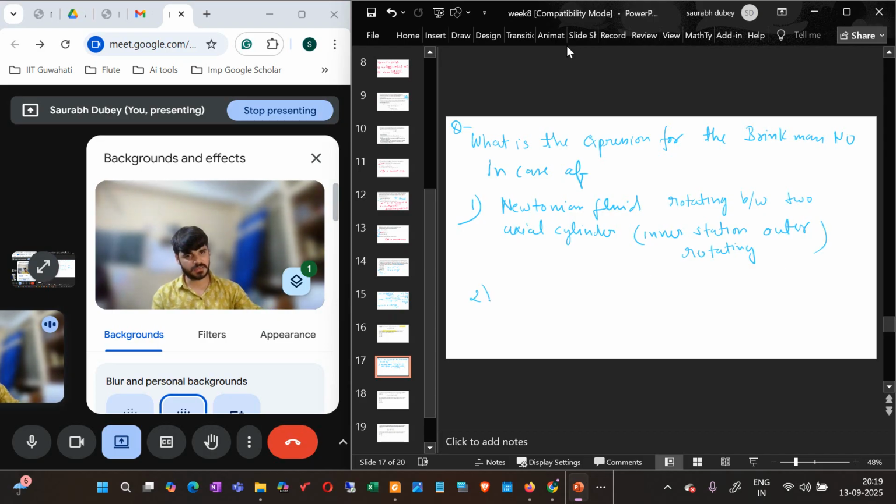And if second is a power law fluid, power law fluid. So this thing you have to solve.